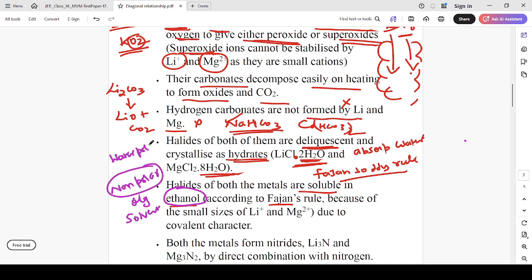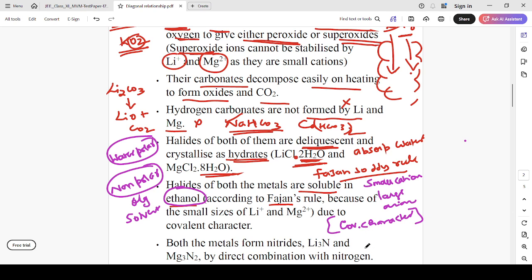Water is polar. So Fajan-Soddy says that a small cation and a large anion give more covalent character. More covalency is available.